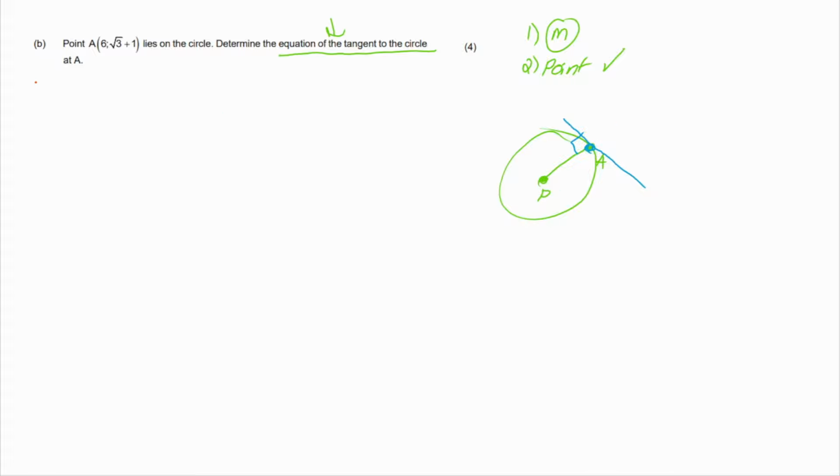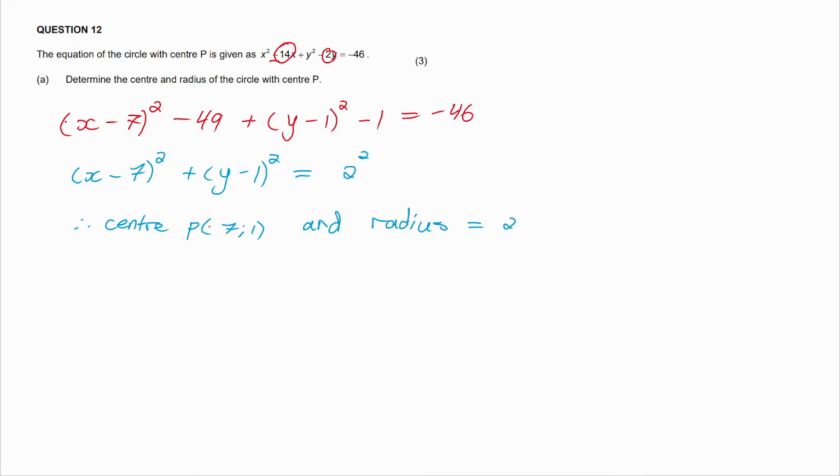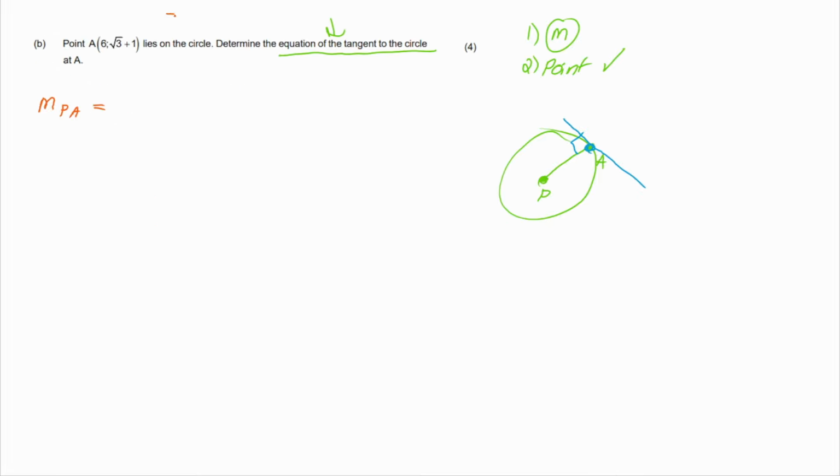So let's work out the gradient of PA. Remember the coordinates of P are (7, 1). So our gradient is going to be 1 minus root 3 plus 1, over 7 minus 6.